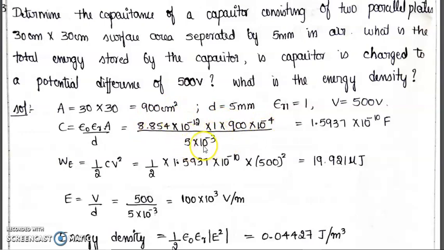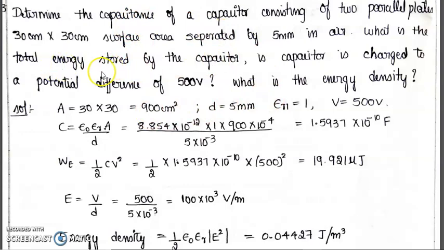D is 5 into 10 to the power minus 3. So this is equal to 1.5937 into 10 to the power minus 10 farad, or you can write 159.37 picofarad.